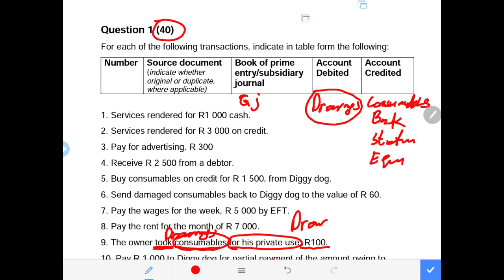No. So your cash receipt journal is not affected, nor your payment, debtors or creditors journal. What is affected is the general journal. If it's the general journal that is affected and there's no money, then we have what is called a journal voucher.